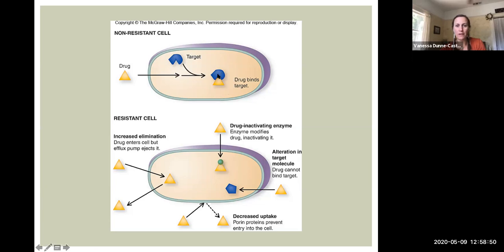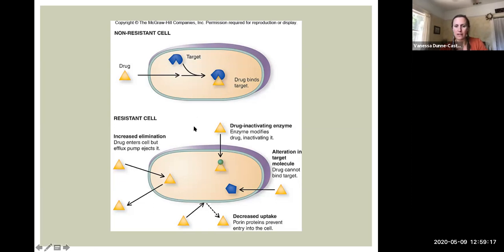So cell wall synthesis means the enzymes involved in synthesizing that cell wall. Ribosomal complex, there are many different ways that these drugs can target the ribosomal complex, as we talked about before. So whatever that target might be, the drug has some physical interaction with that target, and it confers inactivity of that metabolic pathway or replication event and then can kill that cell.